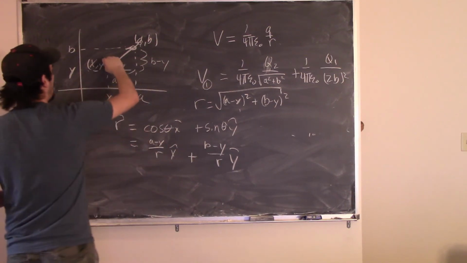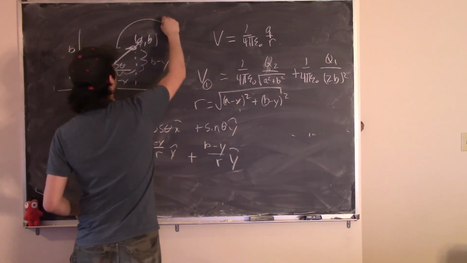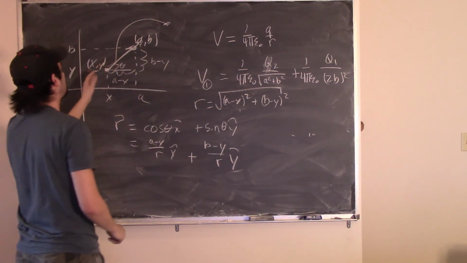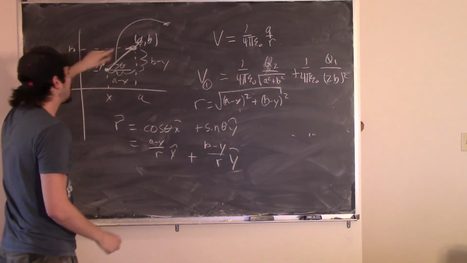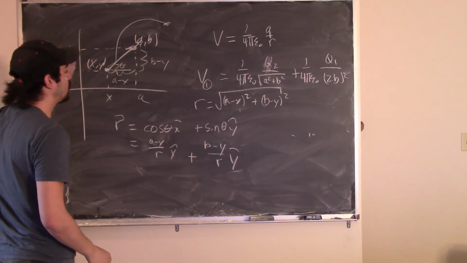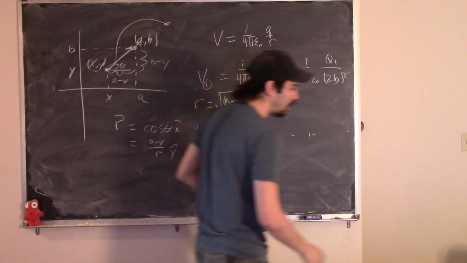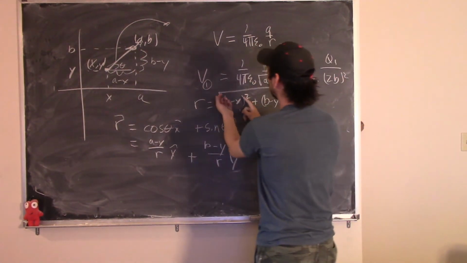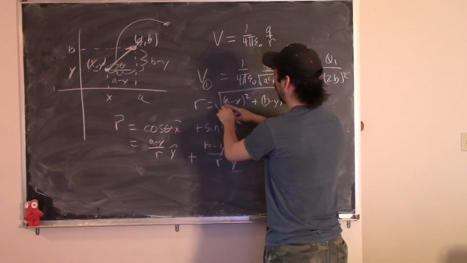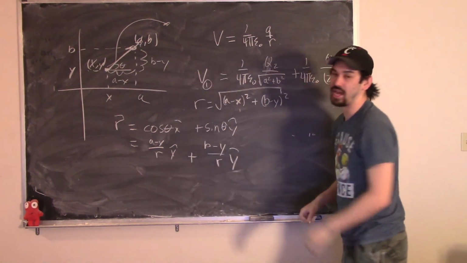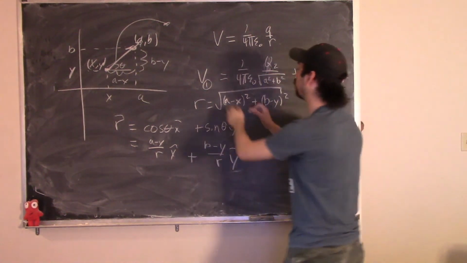But then ask yourself, what happens if I move this (x, y)? I chose for it to be down here, but what happens if I put it over here instead? Does that still give me the behavior that I need it to have? And the question for the r is pretty readily apparent, because when I square a minus x, or I square x minus a, it's always going to be a positive value, right?